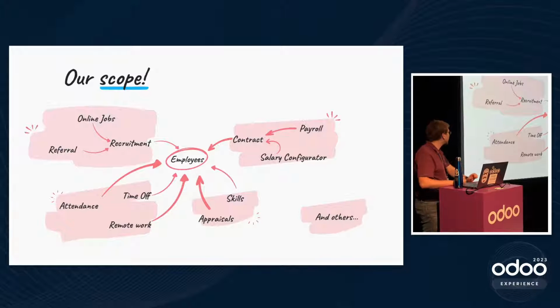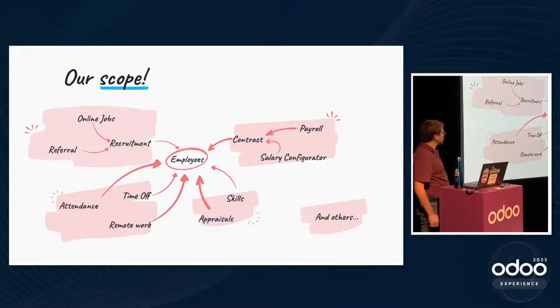Okay, let's start with the scope. Human resources is centered around the humans, which are the employees. So the heart of our applications is the employees application. And around that, we build some other applications that help us manage those employees.